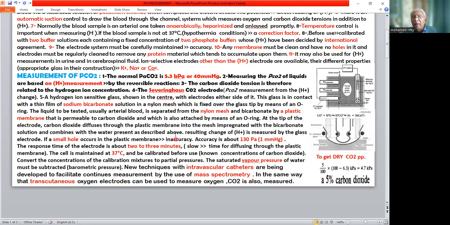You know that normal CO2 is always around 5.3 kilopascal. So we ought to subtract this, and then we get the final level of CO2 when it's 5%.